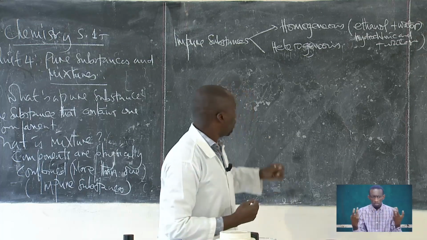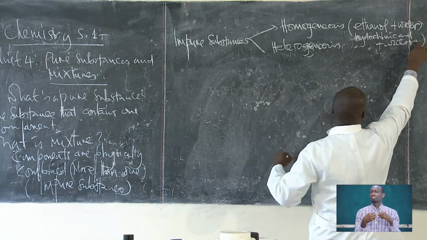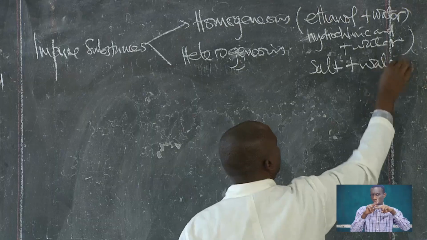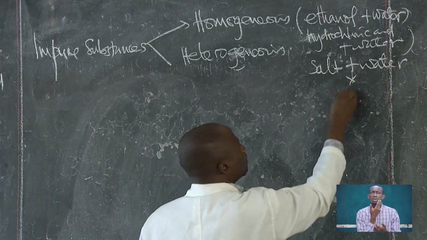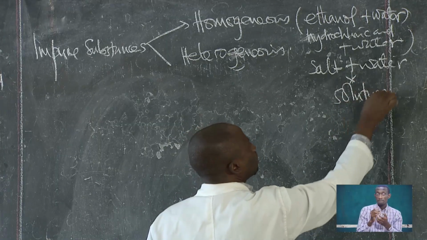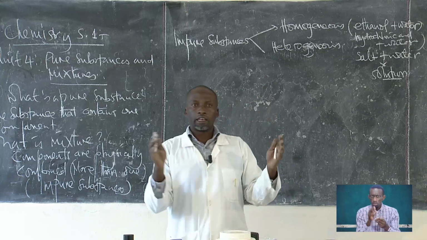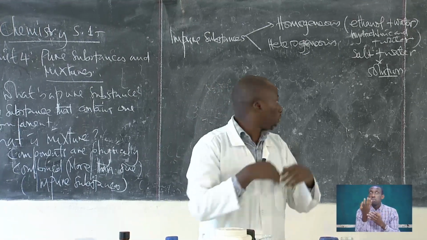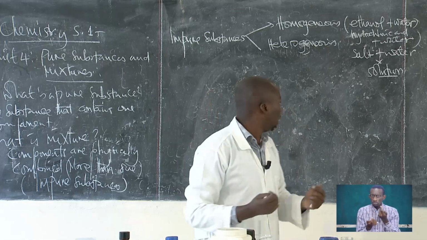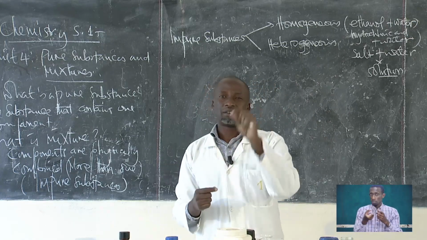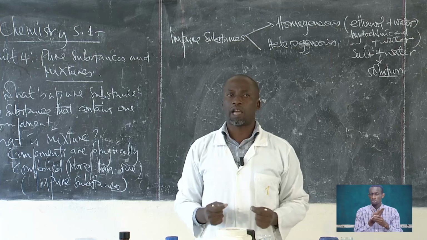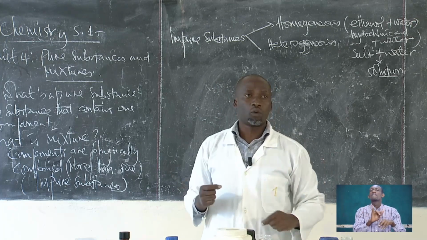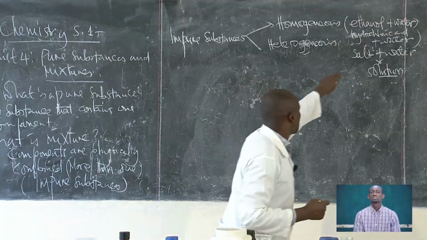And you remember we also mentioned if you have salt and you dissolve it in water, you get what we call a solution. After dissolving it in water, the salt will uniformly distribute in water and make a solution. So the solution becomes homogeneous. We also gave some special names.